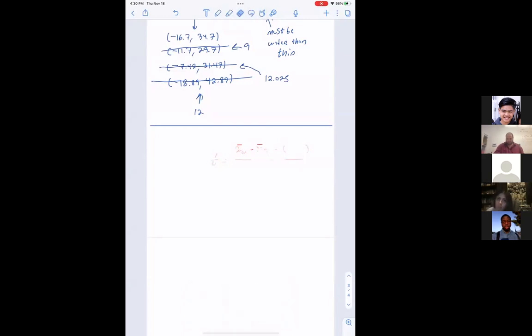So the confidence interval is going to be X1 bar minus X2 bar plus or minus T star times the square root of S1 squared over N1 plus S2 squared over N2. Agreed? Yes. Okay. So we're looking for the positive critical value T.